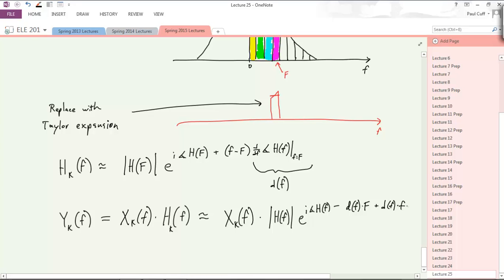Now I want to separate out this last part. I'm just going to write a separate exponential term to make it clear that this is a product. So this is i d of f times f. Okay, great. Except this should be a capital F because we're evaluating it at a particular constant frequency, so I'm going to replace that everywhere here.